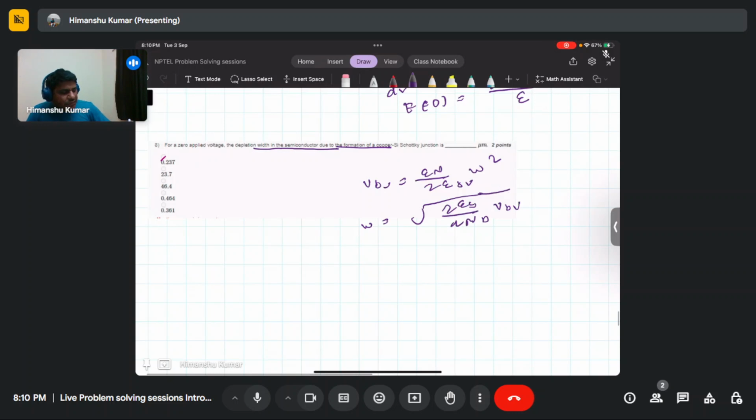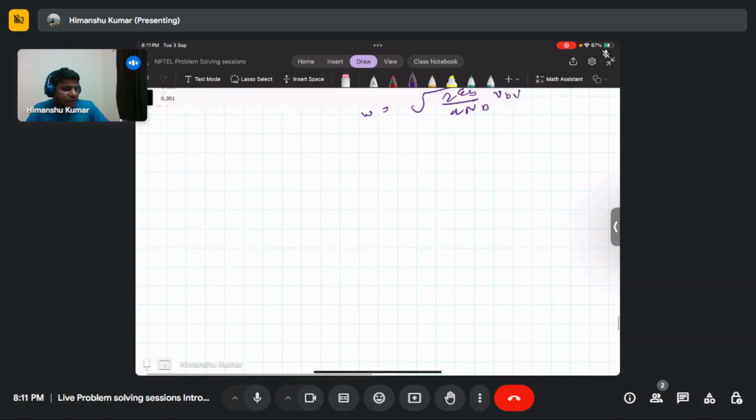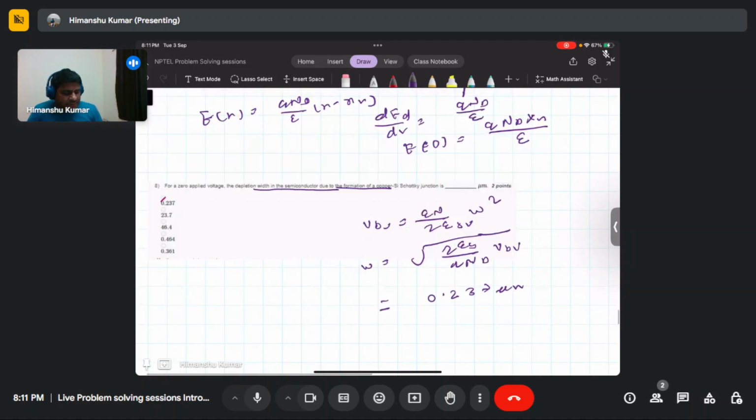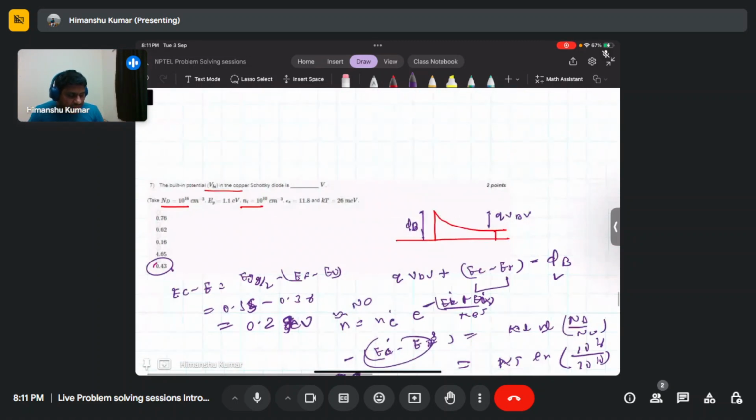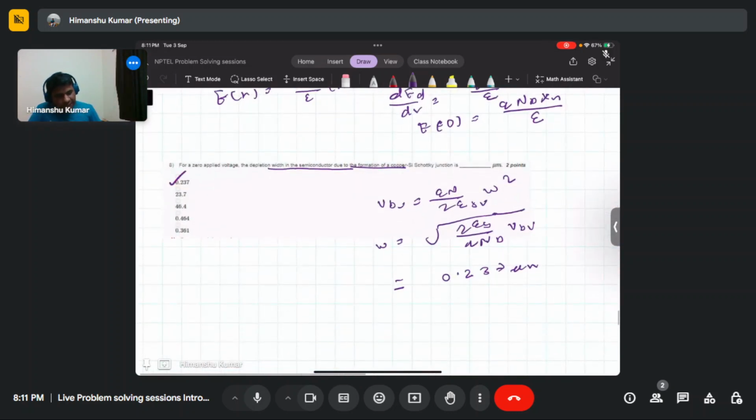If you put the values correctly, you will find that this depletion width is 2.37 something micrometer. Epsilon_Si and those values are given in the problem, so the correct answer is A.